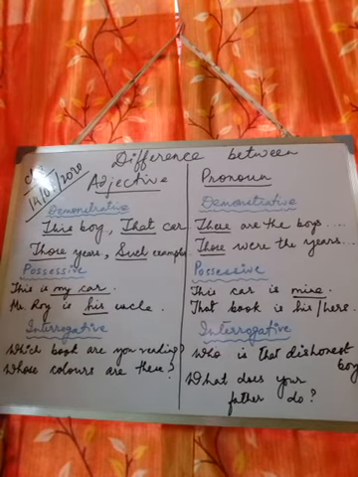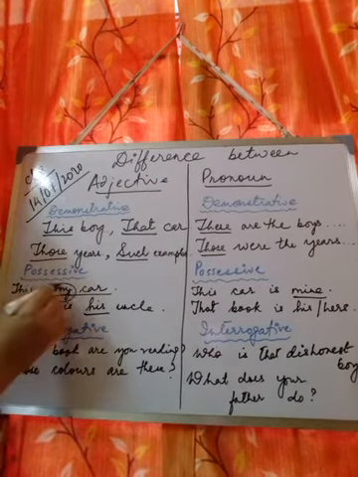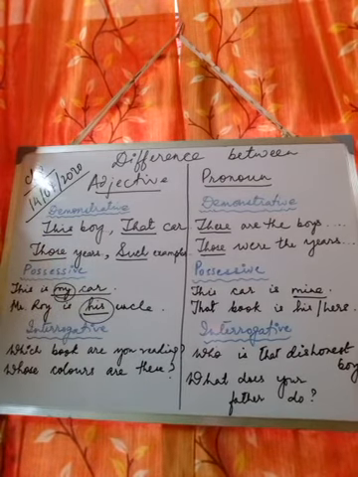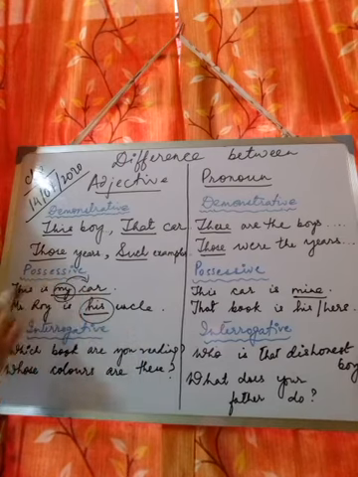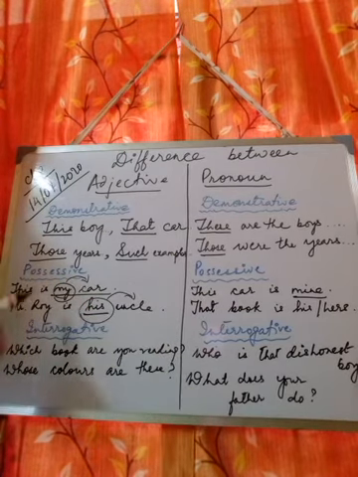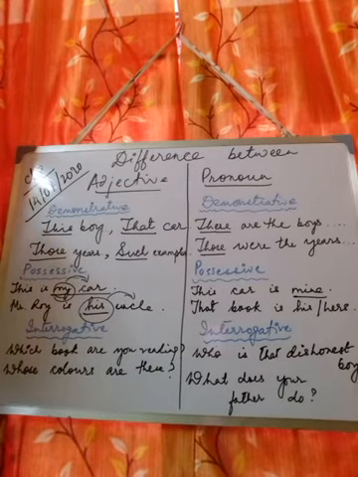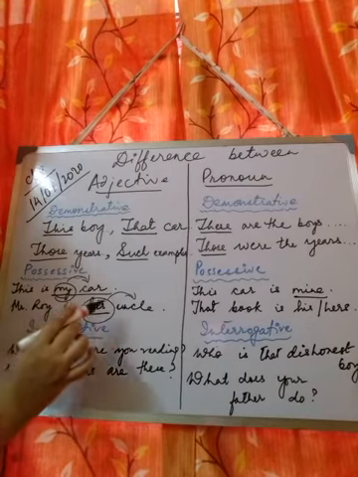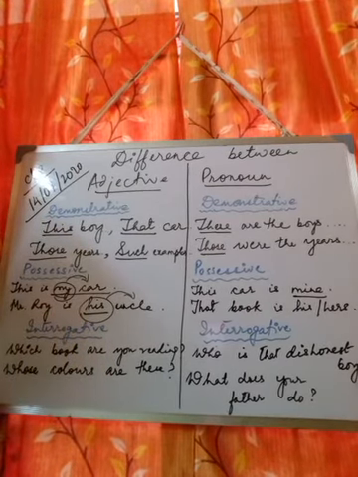Here, in the first sentence, my is the word of possession. In the second sentence, his is the word of possession, immediately followed by the noun car and by the noun uncle. Therefore, these are clearly possessive adjectives. These words qualify the nouns used after them.